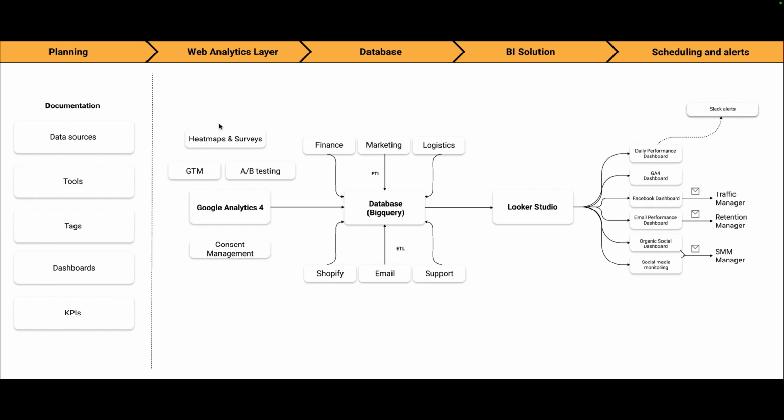After you have audited everything, then you can add heat maps and on-site surveys tools to improve your data infrastructure and capture not only quantity of data but quality of data as well. Here you can use Microsoft Clarity, Hotjar, or Mouseflow to cover all your heat maps and surveys needs.